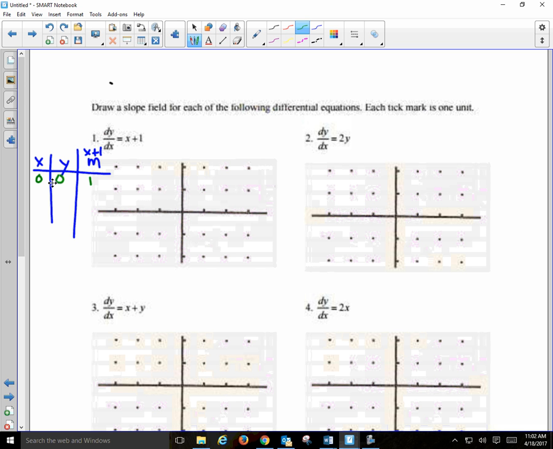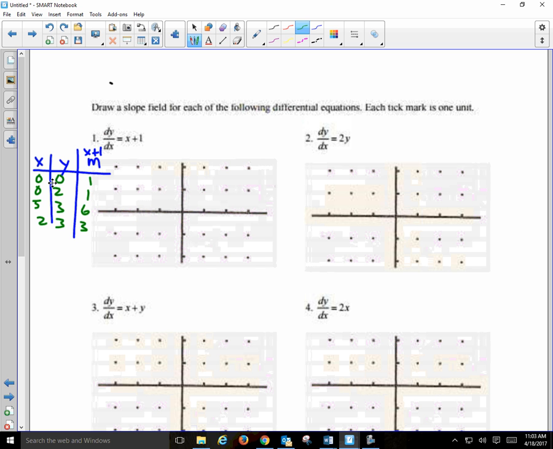I need an x value and a y value, folks. Okay, 0, 2. So the slope will be 1. 5, 3. 6. Kelsey said 2, 3. So if x was 2, then the slope would be 3.